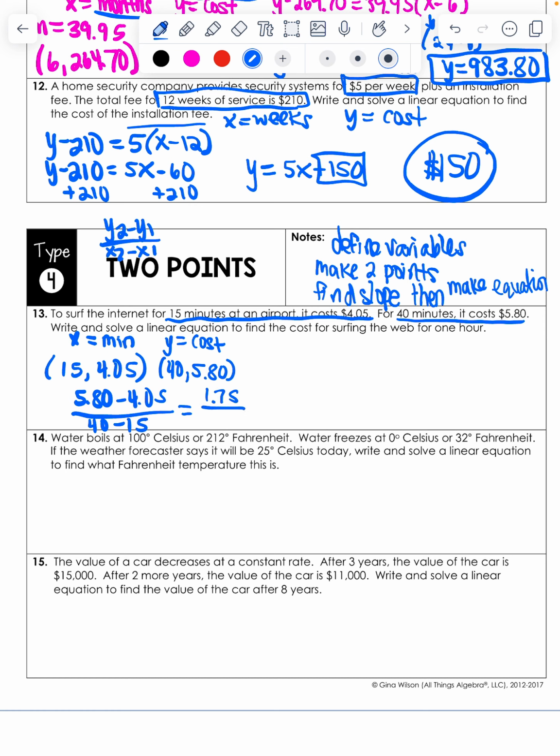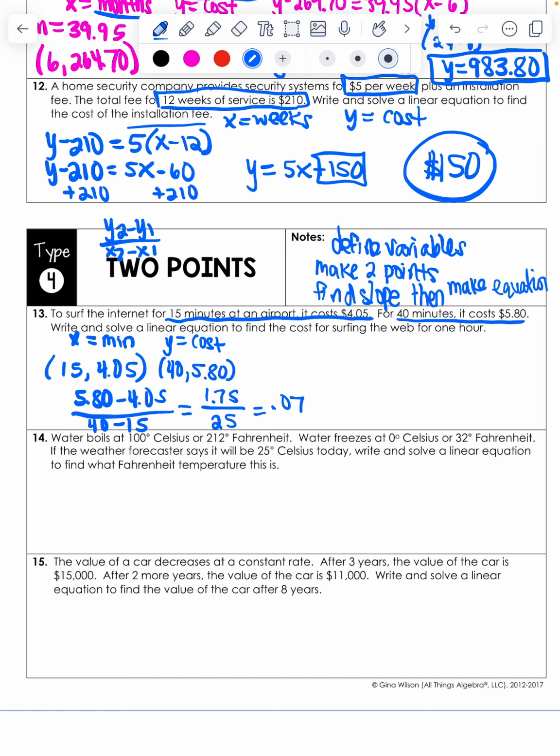When I subtract 40 minus 15, I get 25. And let's simplify this. 1.75 divided by 25 ends up being 0.07, which I know is a decimal. You could put it in fraction form, but it actually makes more sense to be in decimal form because we're dealing with a cost. And this is the slope, which means that it's costing 7 cents per minute.